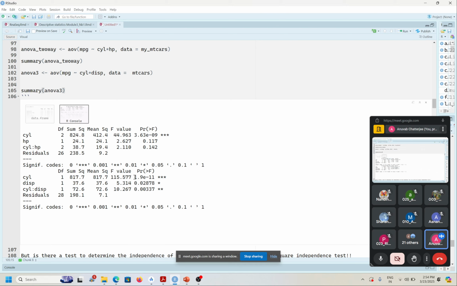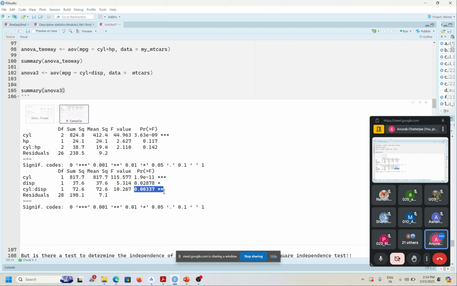You see that the cylinder is still 3-star significance, so mileage depends on cylinders. It also depends on displacement, but here look at this, both of them together actually have a 2-star significance, which tells us the combination of cylinder and displacement is important when it comes to mileage. It is individually dependent as well, but also together they are playing a role.